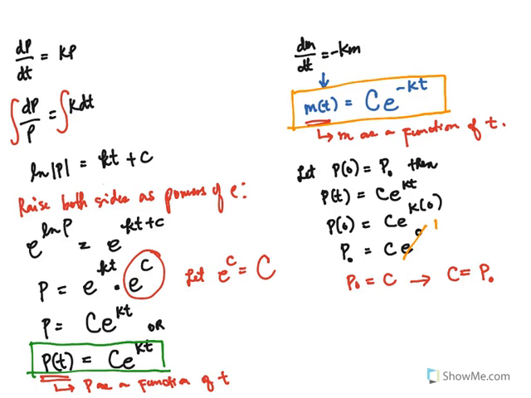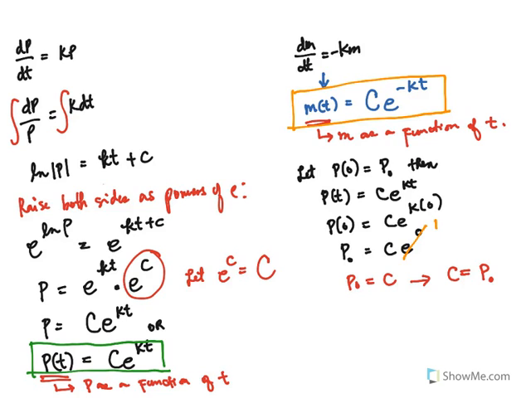So in general, kung ang pinag-uusapan natin ay population growth, whatever is the initial population, that is actually the value of your arbitrary constant c in your general solution.